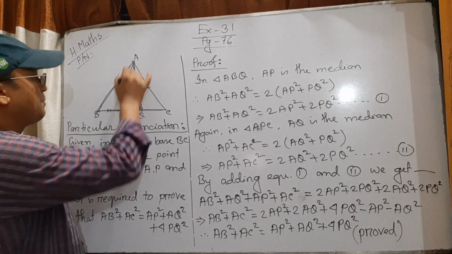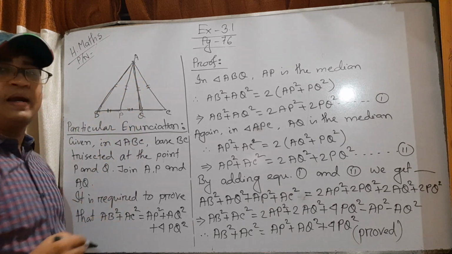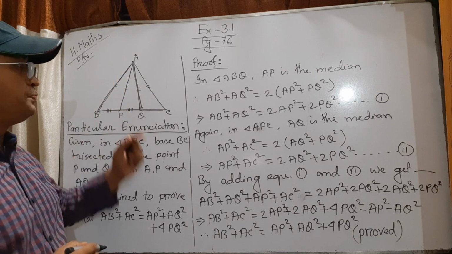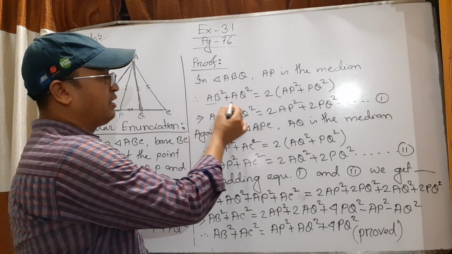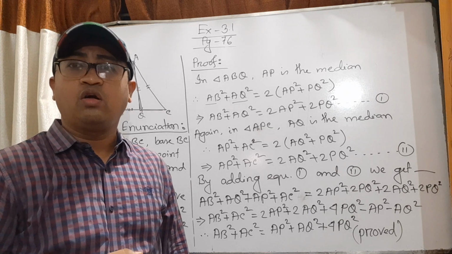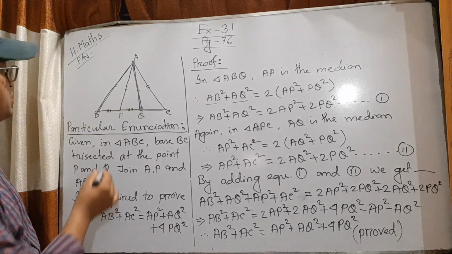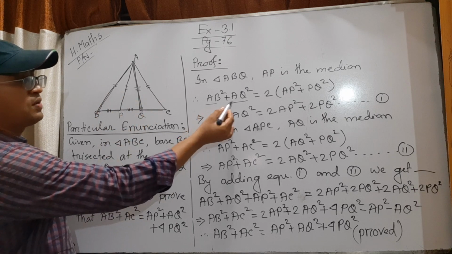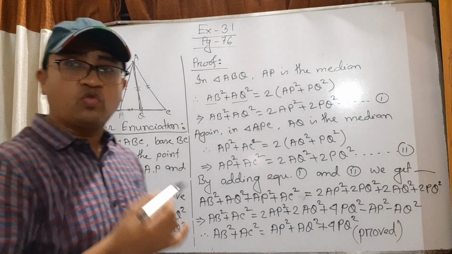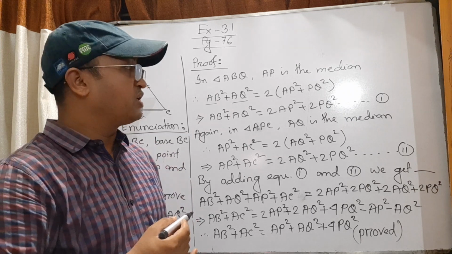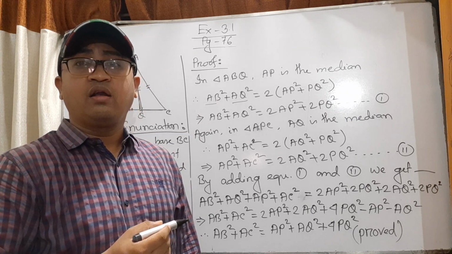So if it is a median, what will be the Apollonius theorem for triangle ABQ? The sum of the areas of the squares drawn on any two sides. So here consider the two sides AB and AQ. So AB square plus AQ square equals twice the sum of the areas of the squares drawn on the median.